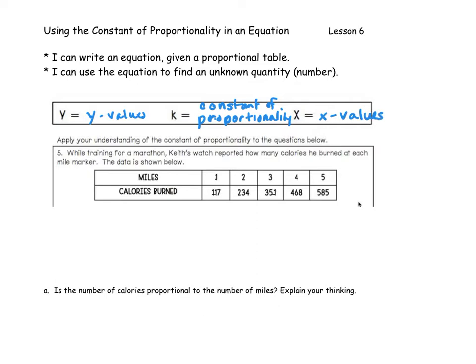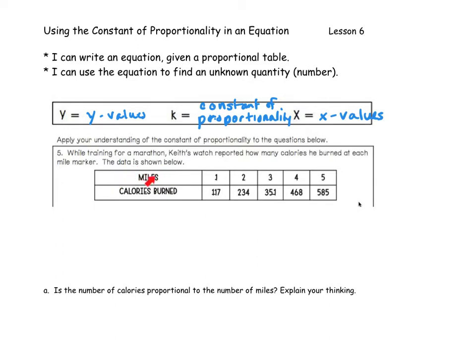Our next task says, apply your understanding of the constant of proportionality to the questions below. So let's investigate the table. While training for a marathon, Keith's watch reported how many calories he burned at each mile marker. The data is shown below.